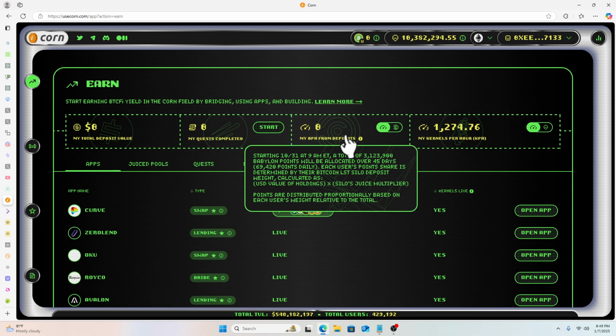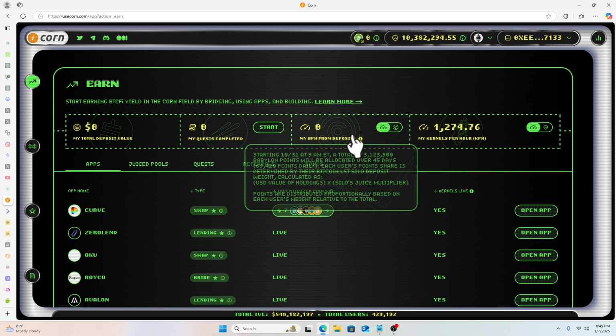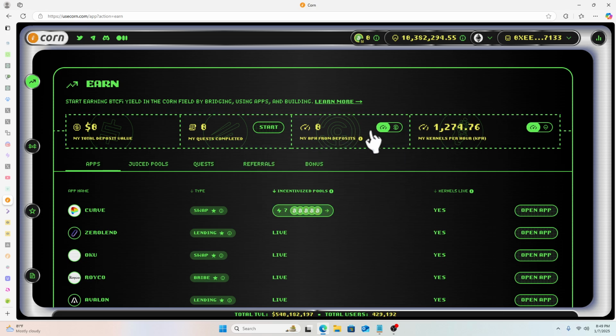Each user's point share is determined by their BTC LST silo deposit. Okay. So you'll be earning kernels, you'll be earning Babylon points. And I believe you will start earning it already once you have a BTCN balance.